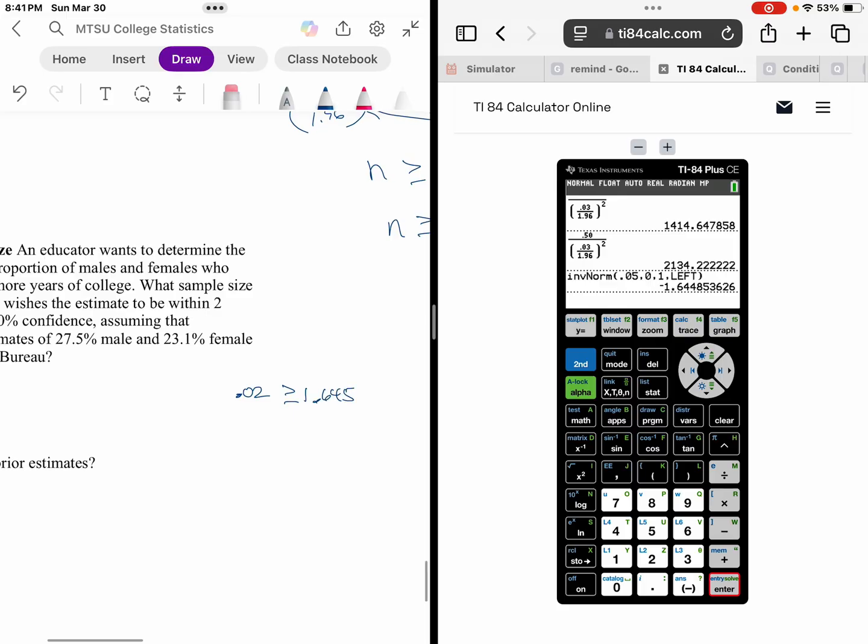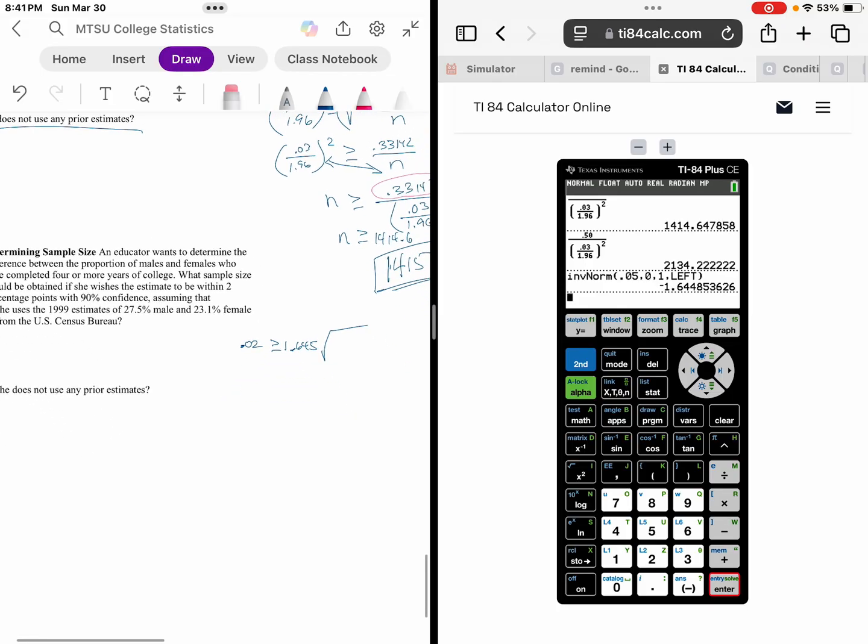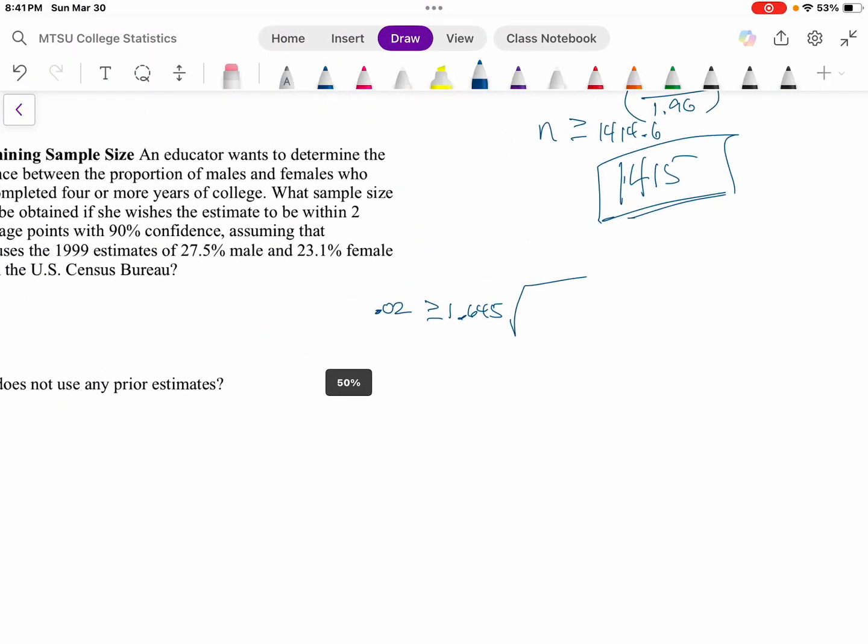So 1.645 times the square root, and now this is where we get to put all that other stuff in there. I need more room to write here, I'm sorry.